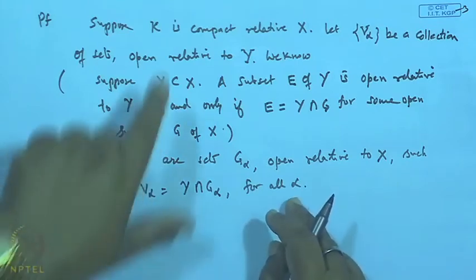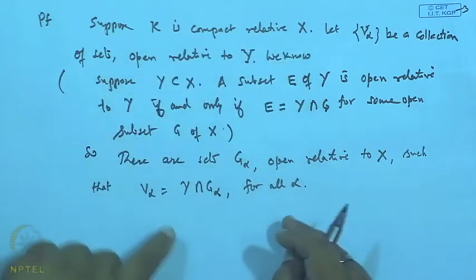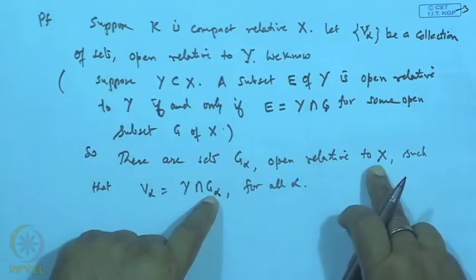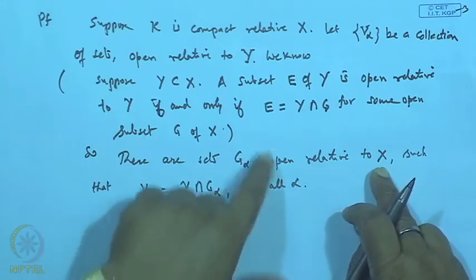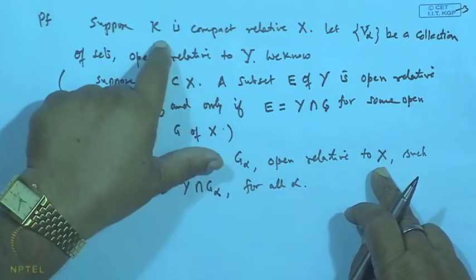Now, what is given is K is compact relative to X. So, G alpha is an open set relative to X, so this open cover will have a finite subcover.